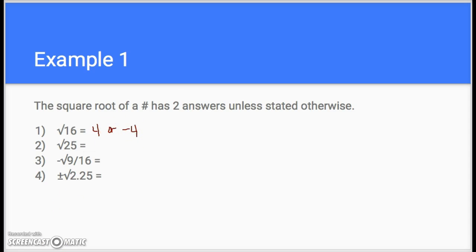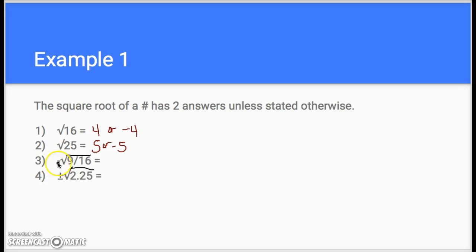So example number 2, finding the square root of 25. Again, it's going to have two answers, 5 or negative 5. Either one of those would work. Now on number 3, you'll notice something a little bit different. First of all, this square root should go all the way across here on all of these.